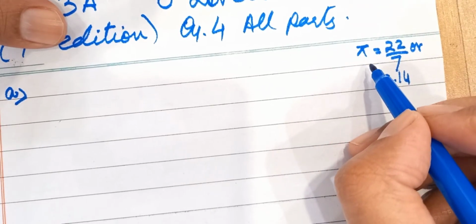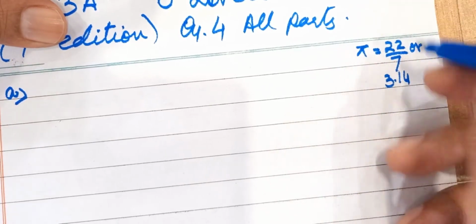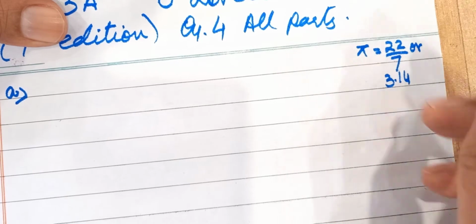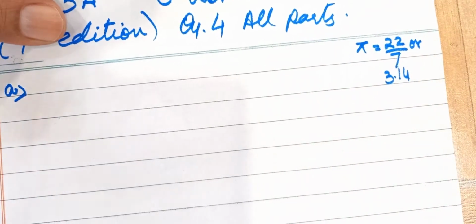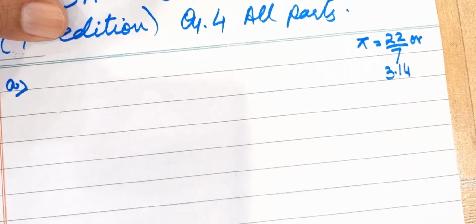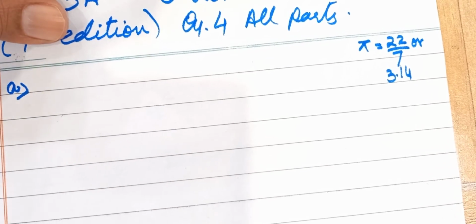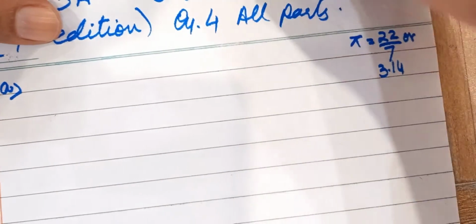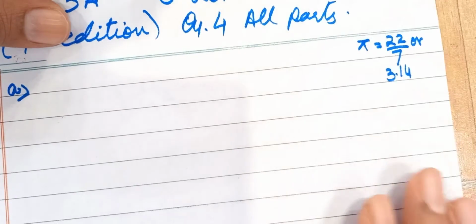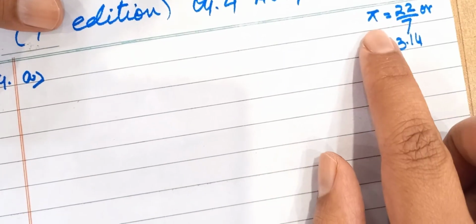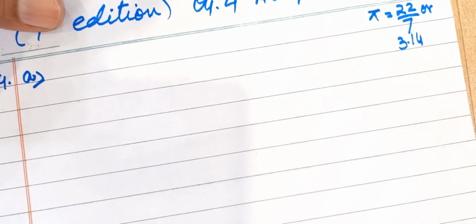Pi is introduced because we cannot measure circular things with regular rulers or straight things. Whatever we use to measure circular things, there is a chance of error. So pi is introduced for circular things.